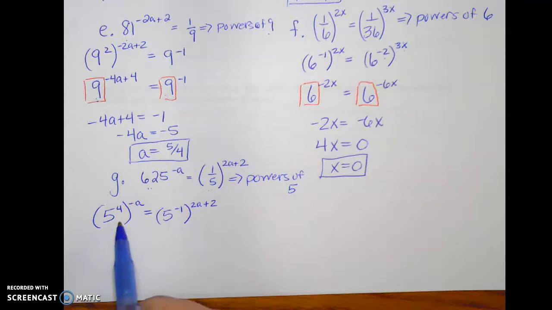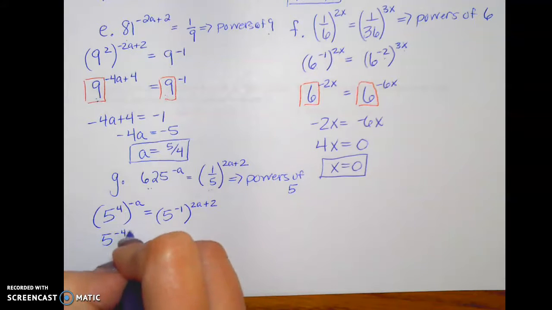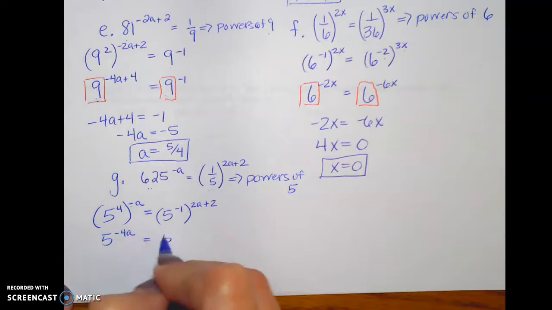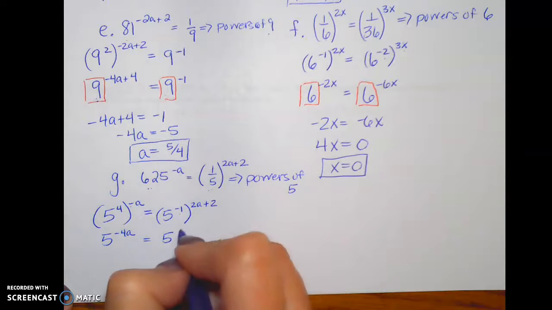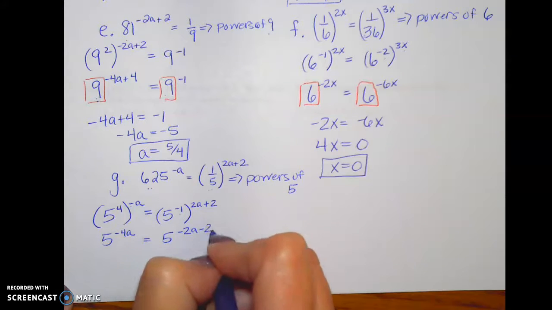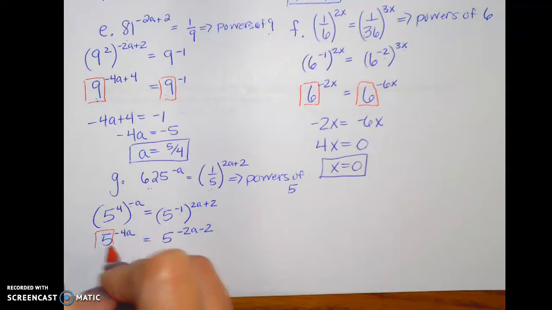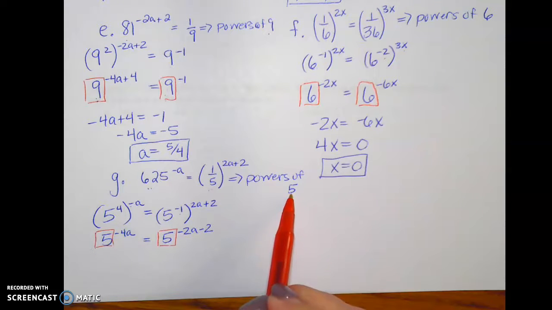So now we're going to multiply because we have power to a power. This becomes 5 to the minus 4a. Don't lose your negative sign. And this becomes 5 to the... we're going to multiply negative 1 times this quantity out here. This becomes negative 2a minus 2. It's really important that you hold your negatives with these problems. So now we have a 5 over here and a 5 over here, and we've rewritten it using powers of 5.